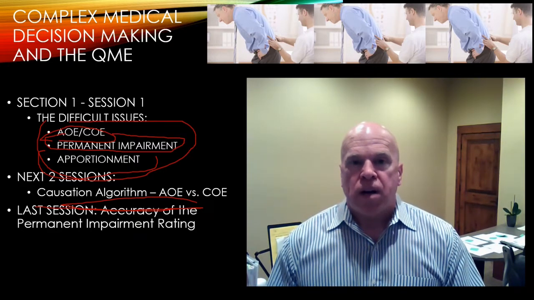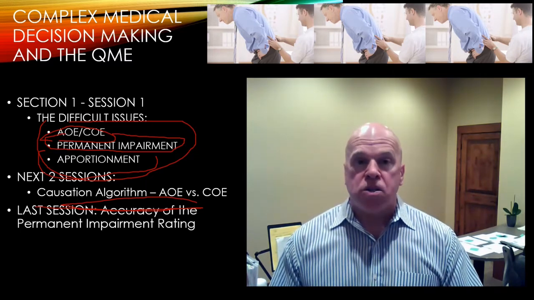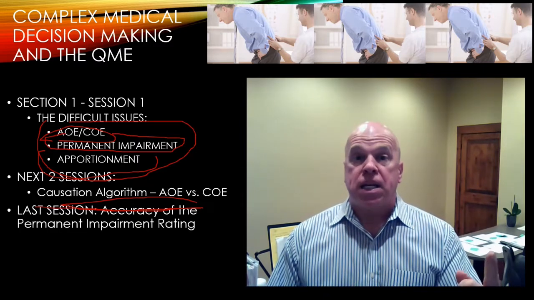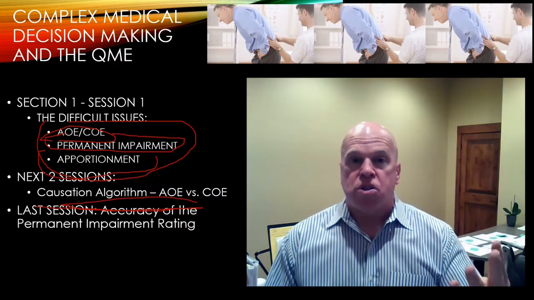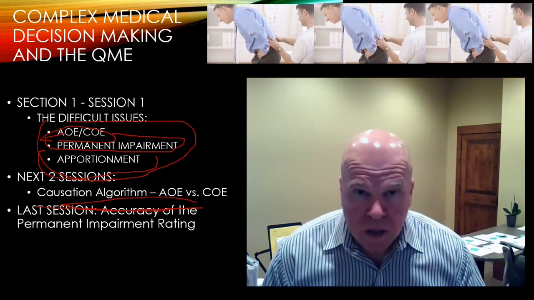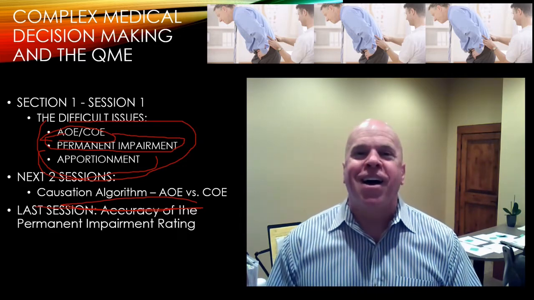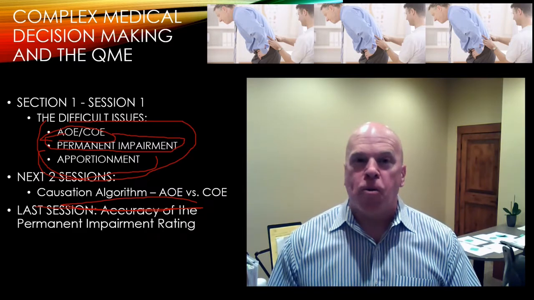And we laid the foundation for that discussion by agreeing that all parties involved in your case, such as the examinee, the claims administrator, the applicant attorney, the defense attorney, are concerned for the accuracy of your permanent impairment rating.